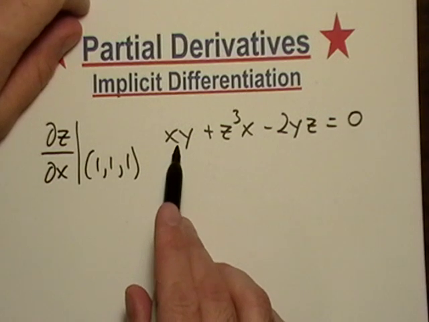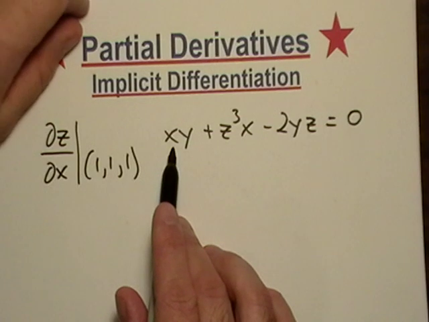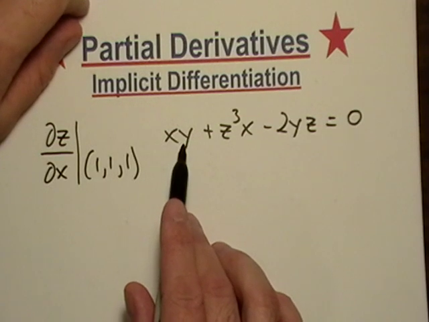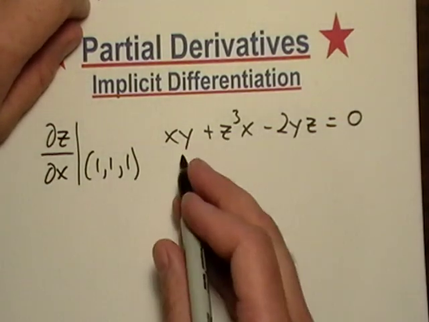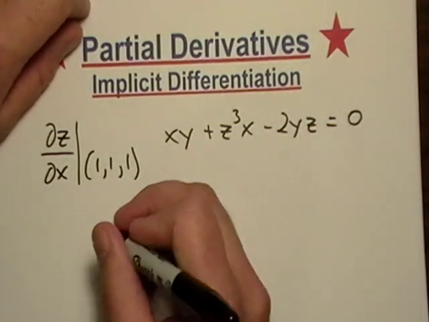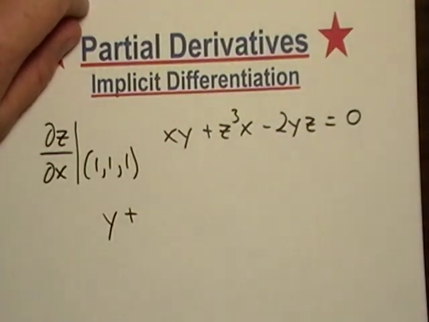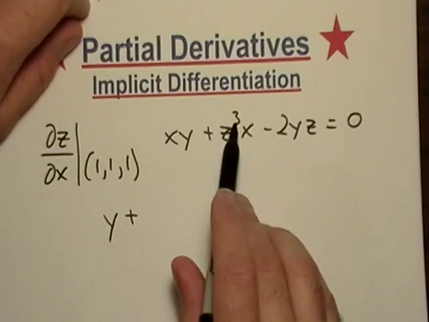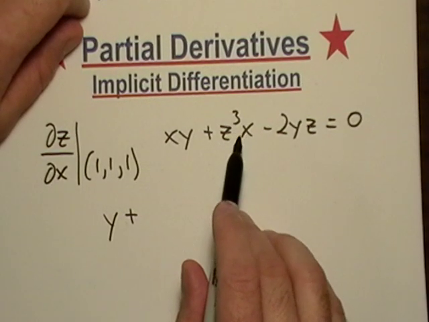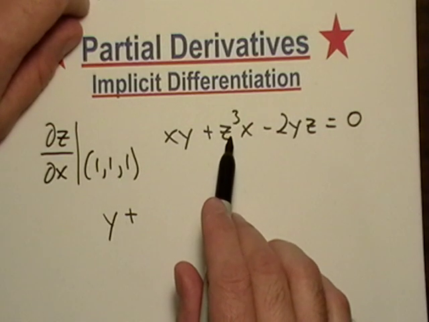We have x and y. Well, in this case, x is the independent variable and y is actually just going to be a constant. So the first term, the derivative, is just y. Now the second term, we got z cubed multiplied by x, but we don't want to treat z cubed as a constant because it's actually the dependent variable.